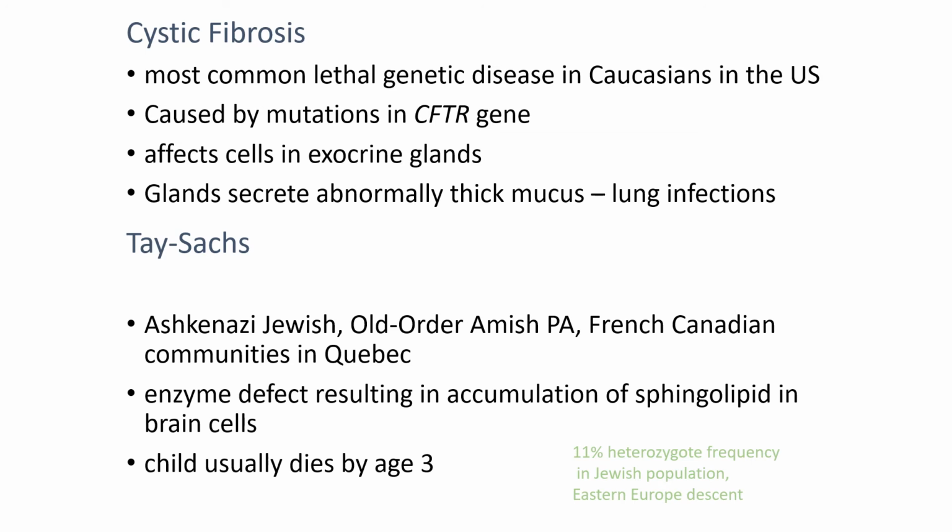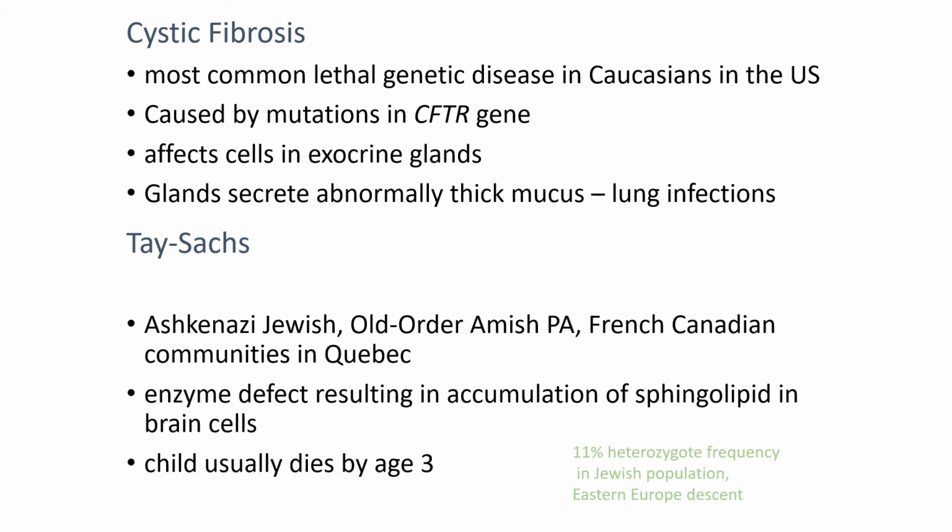Another one is Tay-Sachs disease, and this is more common in Jewish, Amish, and French Canadian communities in Quebec. It's caused by a defect in an enzyme that causes accumulation of a sphingolipid in the brain cells, and so it results in neurological degeneration as time progresses, and usually the child will die by the age of 3, so they don't live that long.